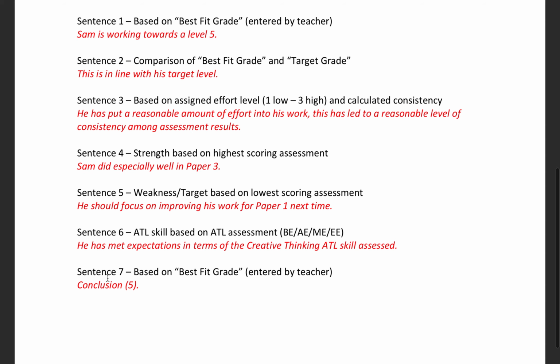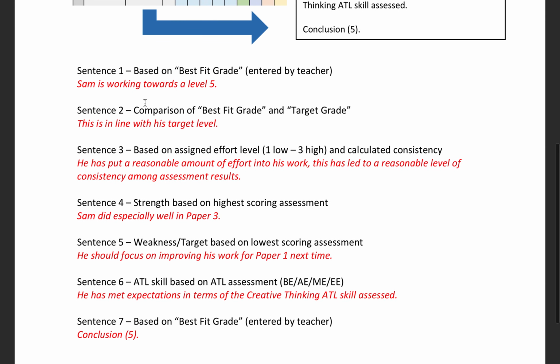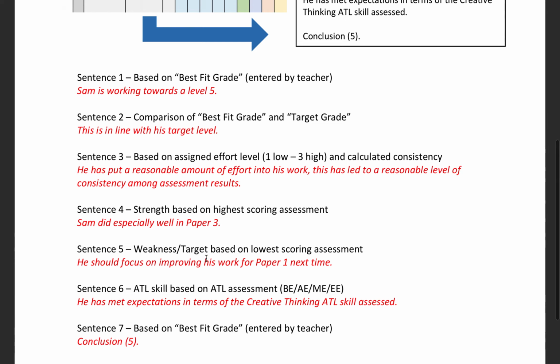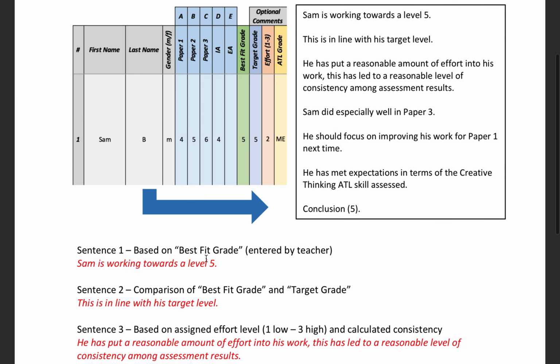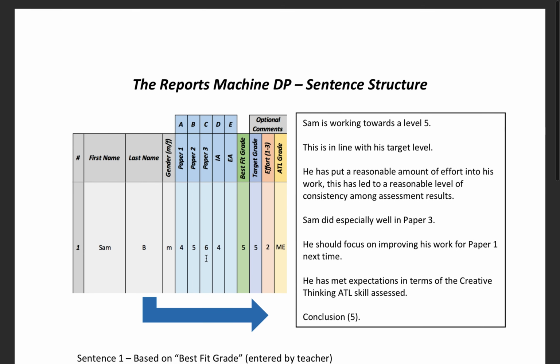And then sentence 7 works exactly like sentence 1 in that it is solely based on the best fit grade. So the idea is you would write a few different introductions and a few different conclusions for students of certain levels. And I'll show you some examples of this in an MYP system.